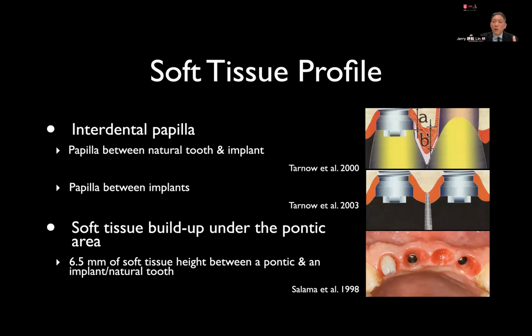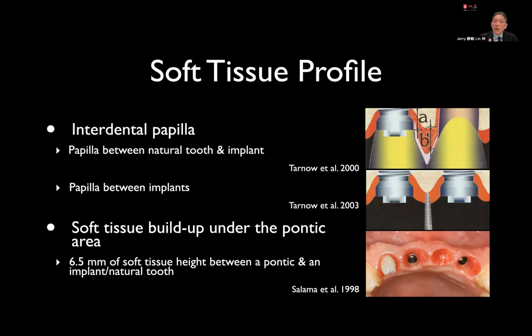However, if we have two implants right next to each other, the dimension is smaller than for an implant next to a natural tooth. The papilla between two adjacent implants will be as small as 3.4 millimeters in height.